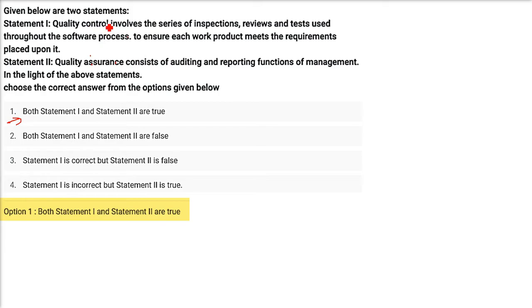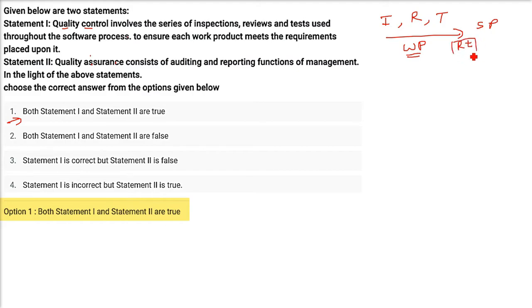Actually, quality assurance is for the management part. Quality control is about inspections, reviews, and different tests. In software, there are different kinds of tests: unit tests, integration tests, regression tests, system tests. This is done throughout the software process, so every work product, be it a document or code, meets the requirements placed upon it.